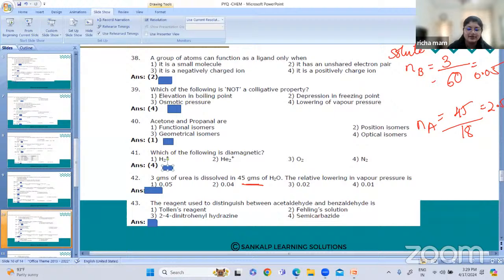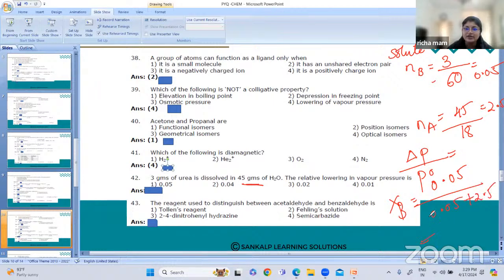Fine. Now what is the next step? Now we have to find the relative lowering of vapor pressure, that is delta P upon P naught, that is the mole fraction of solute, which will be equal to the number of moles of solute, 0.05 by 0.05 plus 2.5.